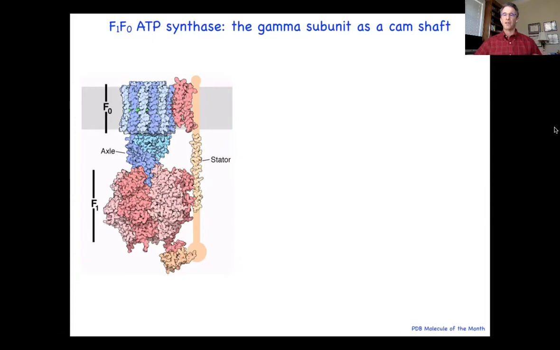Now, for this thing to work, this axle has to turn within that ball, right? And we're going to see why in a little bit. But that means the F1, the trimer of heterodimers, has to resist the torque generated when the axle spins, right? And that's what the B subunit is for.